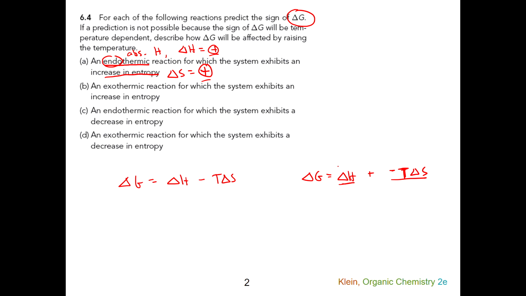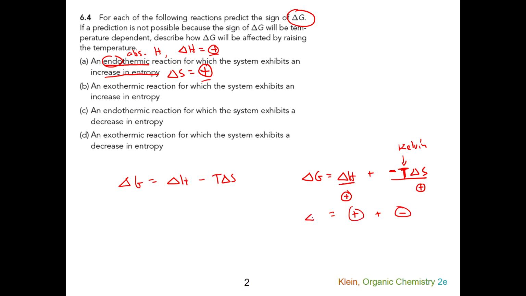We've got a positive for delta H, and we've got a positive for delta S. But we've got a negative sign here. The temperature is always going to be in Kelvin, so the temperature I plug in is going to be positive, but there's a negative sign in my formula. So I've got two positive numbers multiplied by a negative sign. That's going to make this whole thing negative.